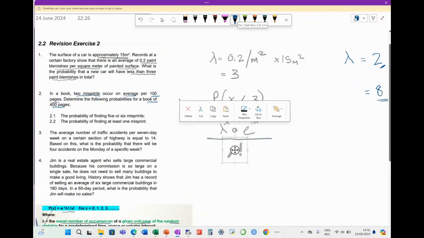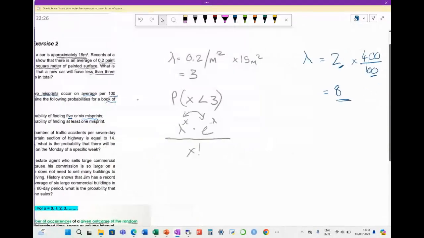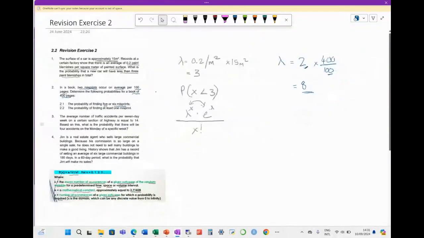Then it says the probability of finding 5 or 6 misprints for a 400-page book. Let me take it one step back.